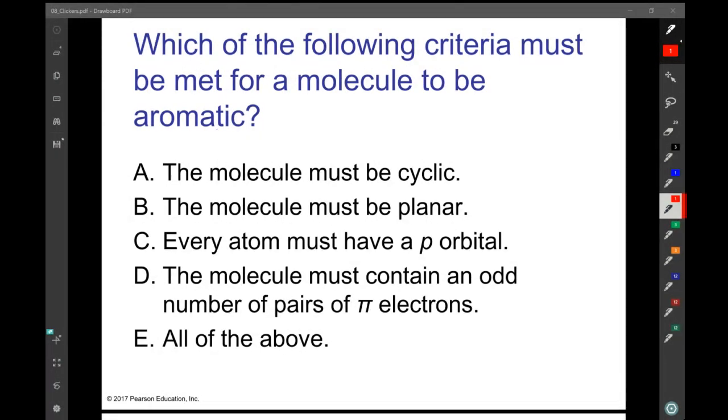So let me create a poll here quickly, and then you guys can answer that question, and then we can move to A, B, C, D, and E. 30 more seconds.